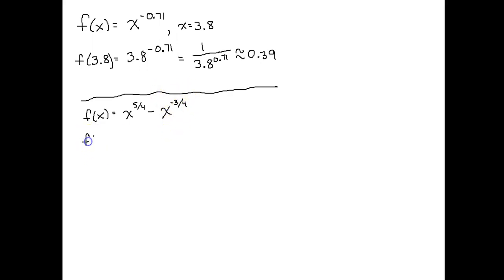And they want us to figure this out, f at 7. I could rewrite this and say, well, I know that 7 to the negative 3/4 is the same thing as 1 over 7 to the positive 3/4. But beyond that, not a whole lot I feel like I can do right now.